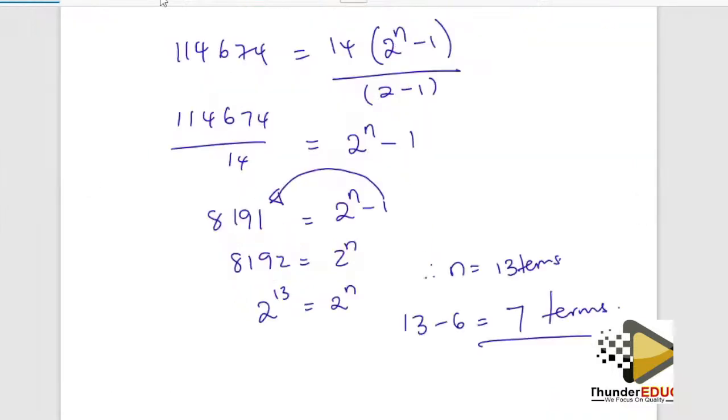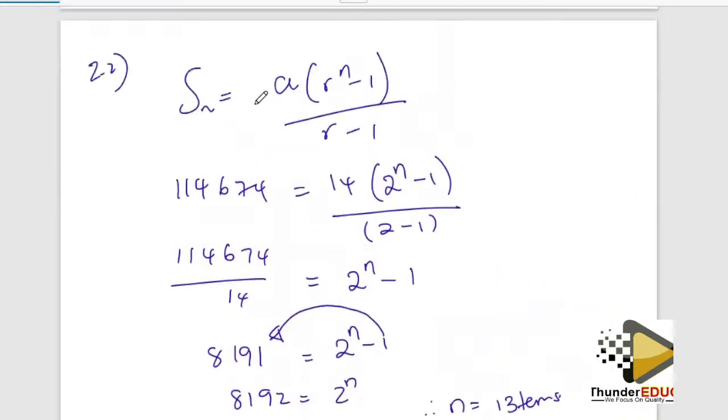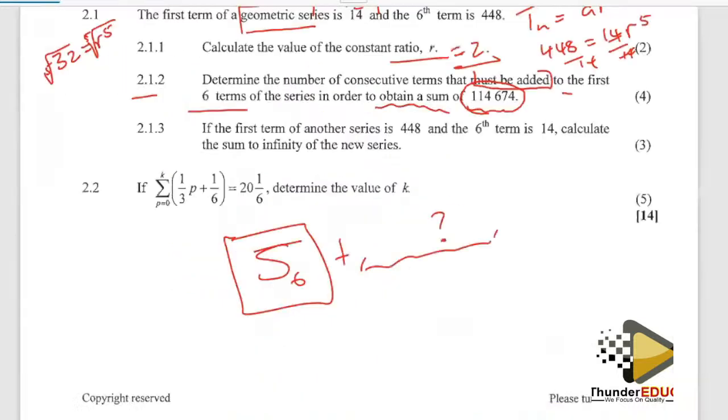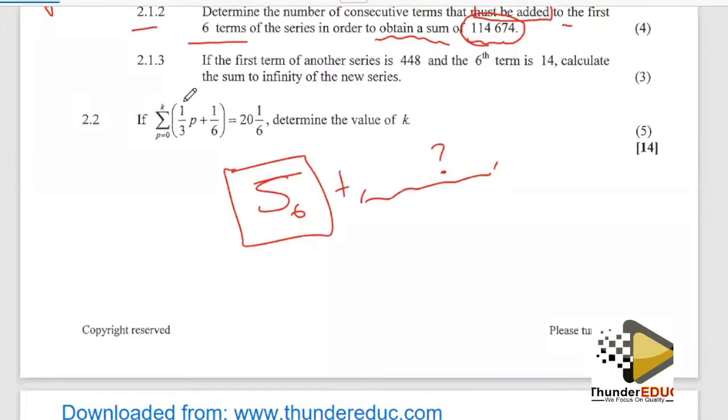Then 2.1.3. They're telling us that if the first term of another series is 448, and the 6th term is 14, so it's like we're swapping them around.